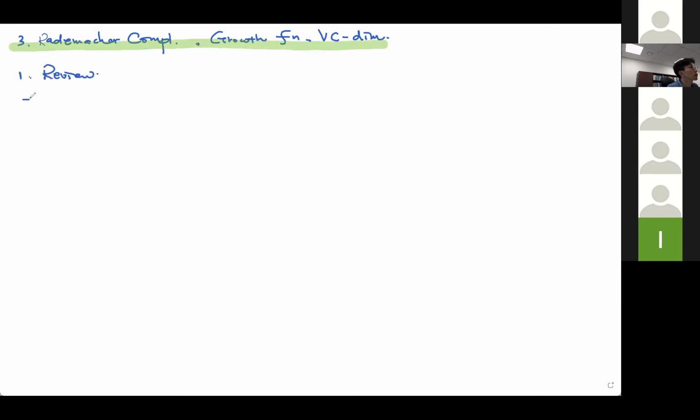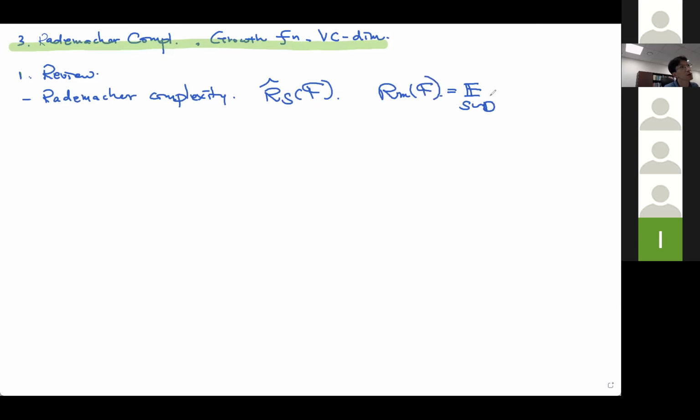We talked about Rademacher complexity. Initially we defined something called empirical Rademacher complexity for a function class F. Then we defined the Rademacher complexity as an expectation, over samples of size M, of the empirical Rademacher complexity of F. And what was the empirical Rademacher complexity?